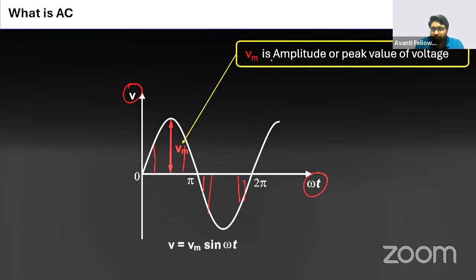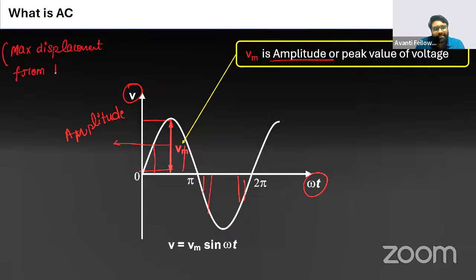So this is the amplitude. What is amplitude? You can write amplitude as the maximum displacement from the time axis.